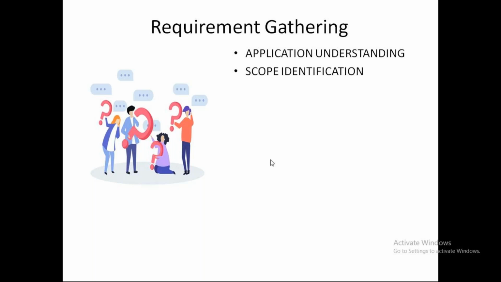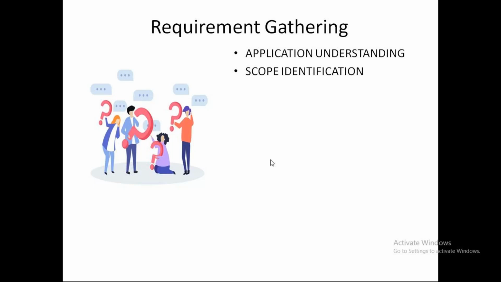Remember this, guys. You will get a question in interviews: from whom are you going to get your scope? So remember, you should always say that our primary point of contact is the business analyst.